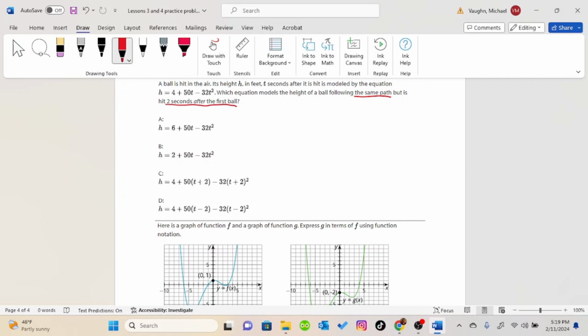So if we are going to have the same path be 2 seconds later, we are shifting this 2 units to the right. When we shift 2 units to the right, we subtract 2 from the input. And that is what we get in choice D.